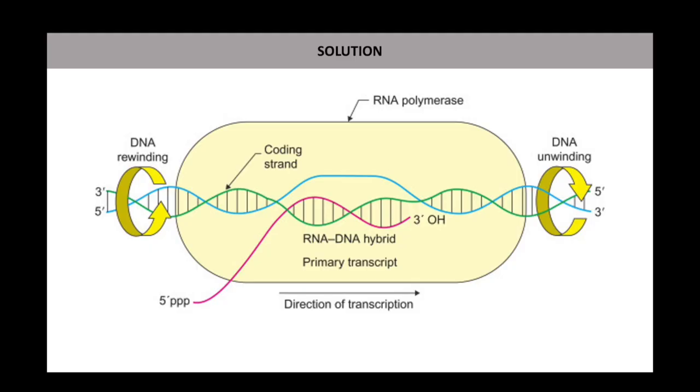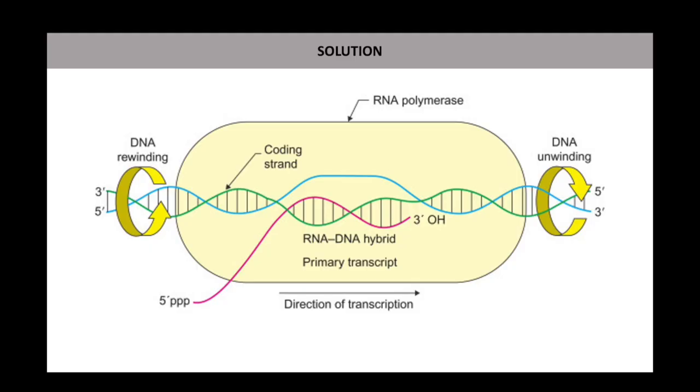Okay. So now basically RNA polymerase is recruited to form the resulting RNA, and the resulting RNA will always be produced in 5' to 3' direction.